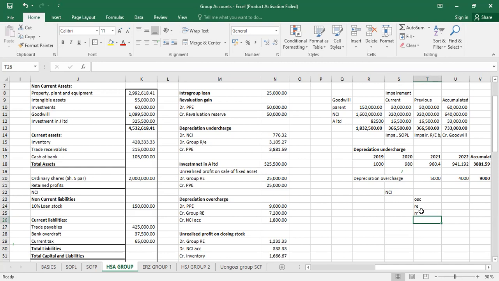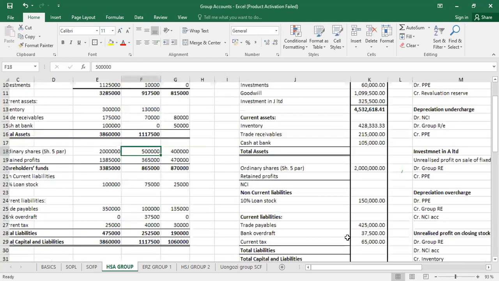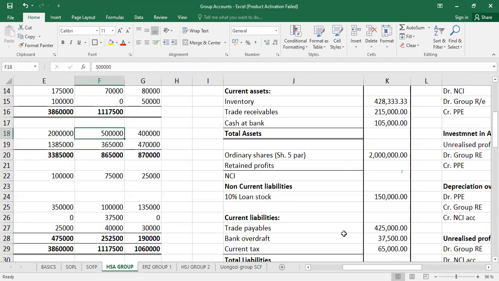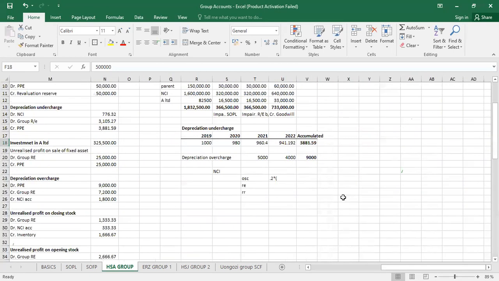Then we will go back now to the statement, and then impairment on the other side. So remember it is 0.2, 20%, because NCI is 20%. I'll open the brackets. I just take all the net assets, so I'll take this one. Sorry, I never pressed the equal sign. We must always start with the equal sign, isn't it?